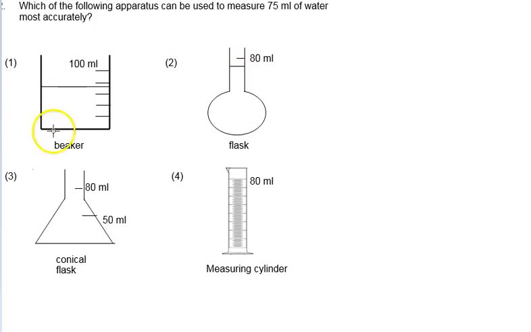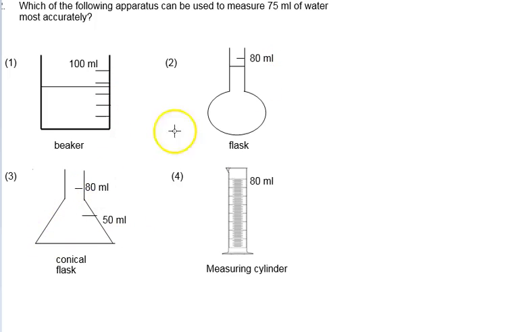It is not like the beaker, where we can estimate, not know for sure, but estimate where the line that will indicate 75 ml should be. But for this round bottom flask, it is very hard for us to estimate where 75 is because of its irregular shape and there is only one line.